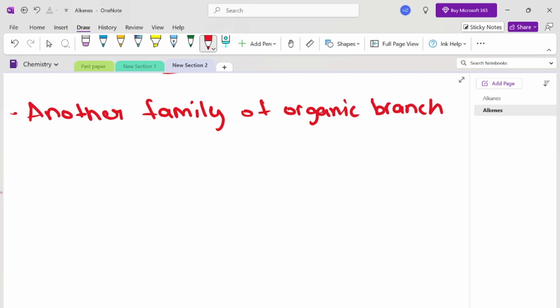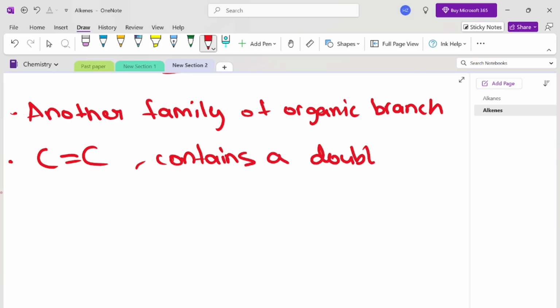All right. Now, the difference that alkenes have from alkanes is that they contain carbon atoms with a C to C double bond, a double bond between carbon atoms.